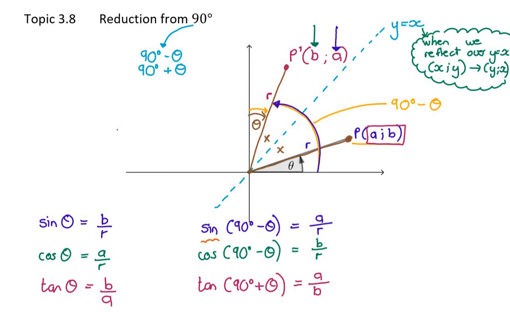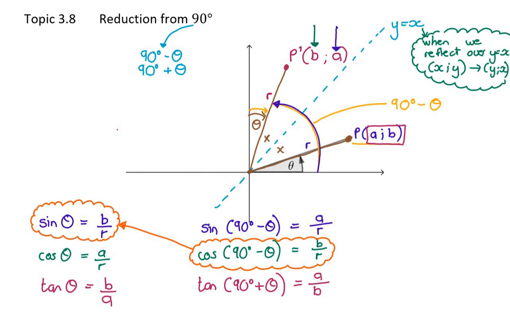Do we notice that cos of 90 minus theta is not the same as cos theta? However, it is the same as sine theta. So cos of 90 minus theta actually reduces to sine theta. Now, why does that happen? That happens because our coordinates swapped around.